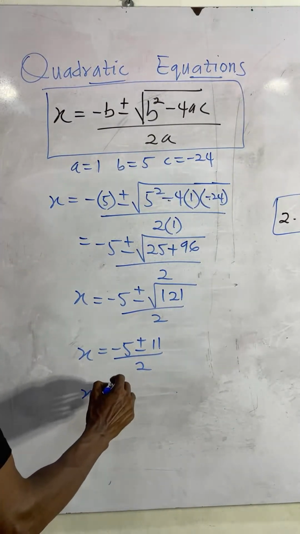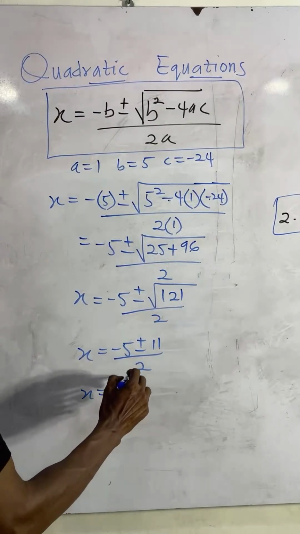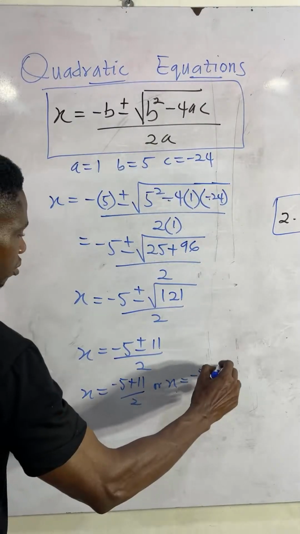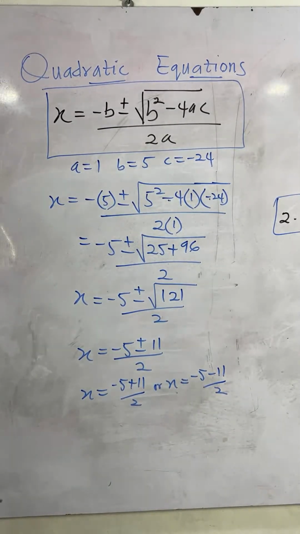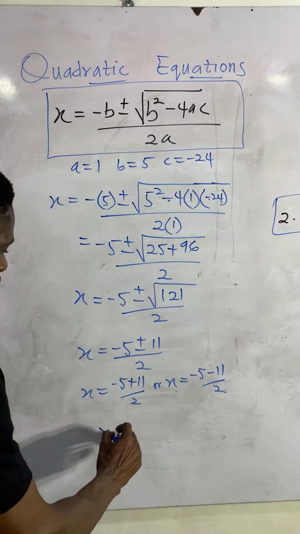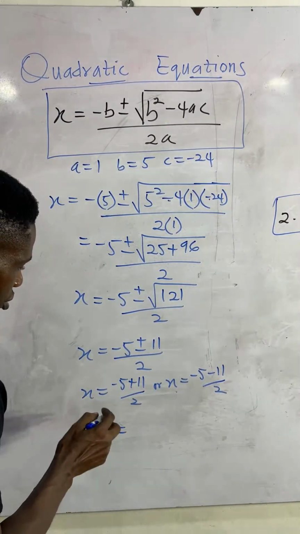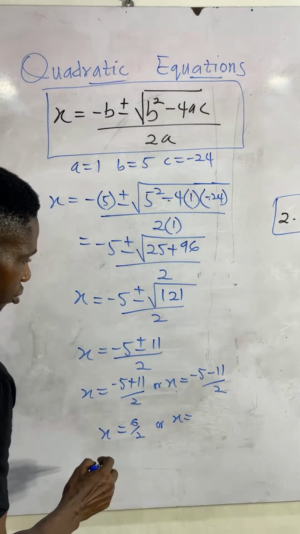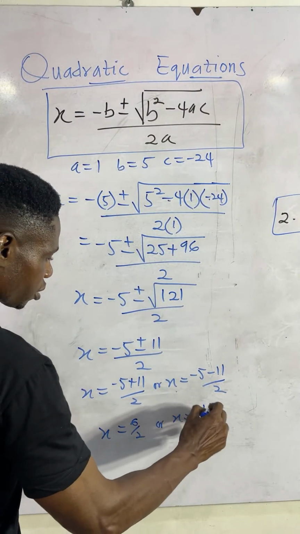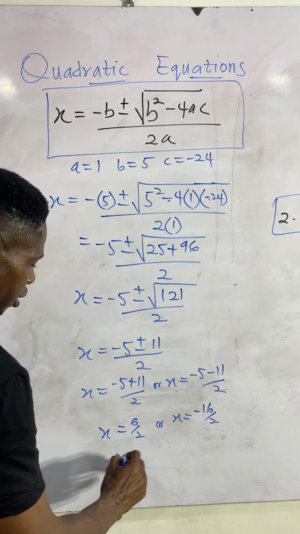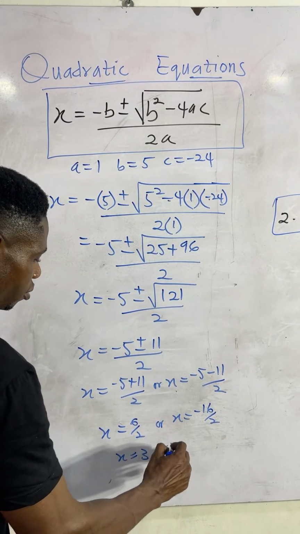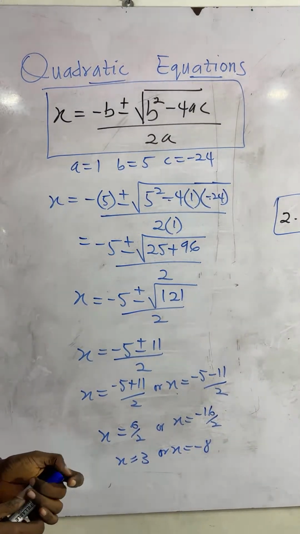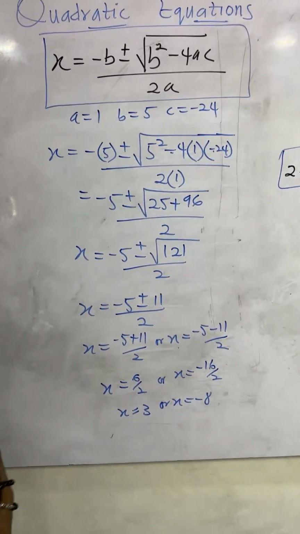So x equal to minus 5 plus 11 over 2, or x equals minus 5 minus 11 over 2. So x is equal to 6 over 2, or x equal to minus 16 over 2. So x equal to 3, or x equals negative 8. Alright, so that's the answer to this problem.